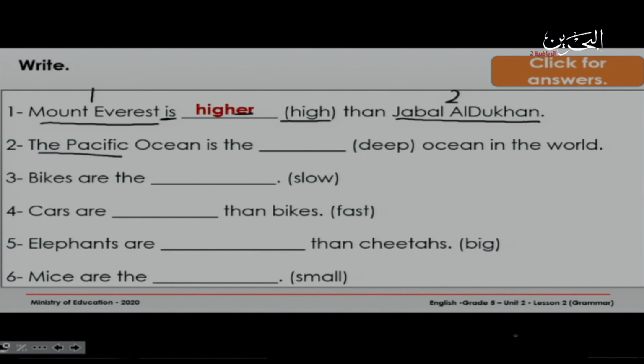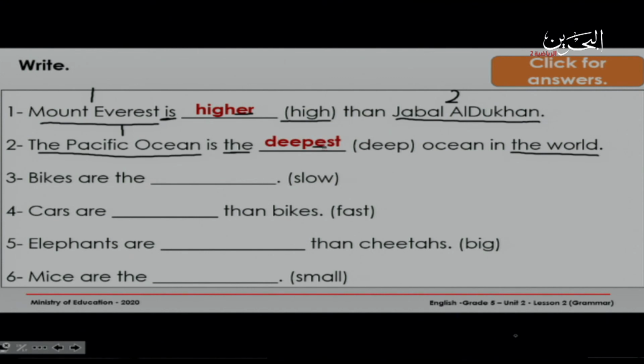The Pacific Ocean, group number 1, is the blank ocean in the world. The word is very big. Okay, so here we have the. Pay attention. What's your answer? Deepest, the deepest.